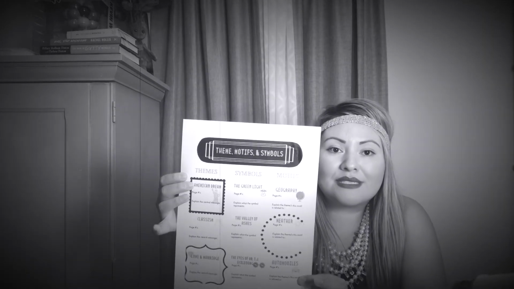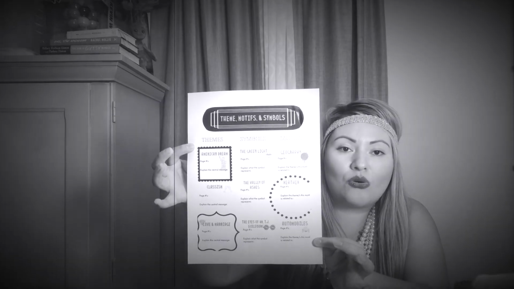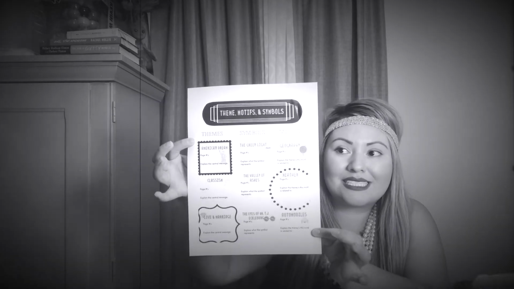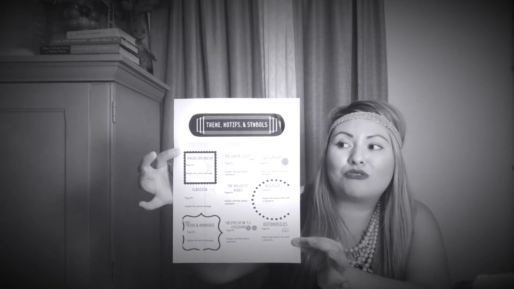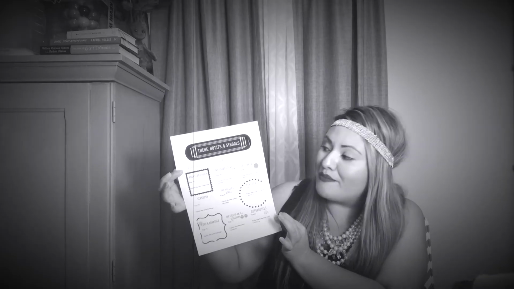The second thing that you're going to need as we read The Great Gatsby is themes, symbols, and motifs. This can also be printed out, or you can copy this into your composition notebook or another piece of paper and keep track of the themes, the symbols, and the motifs. Some of the themes that we'll be covering are the American dream, classicism, and love and marriage.